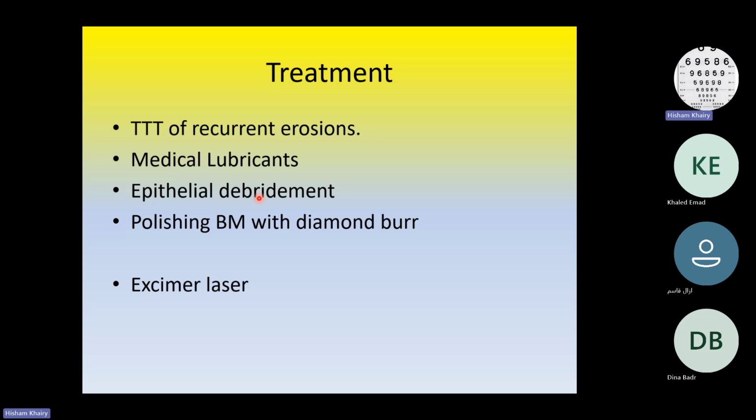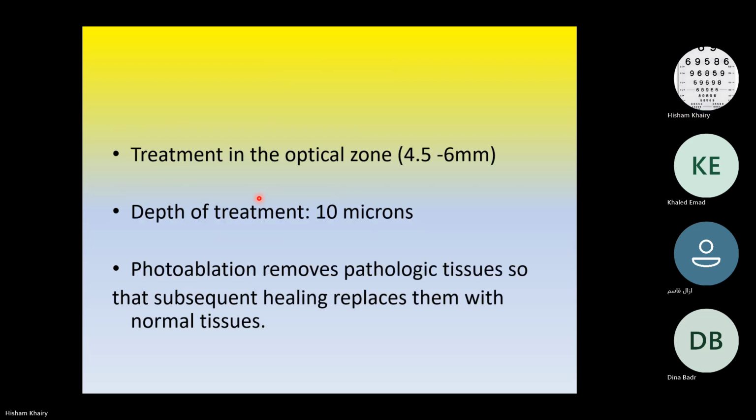The recurrent corneal erosions can be treated medically by lubricants, tear substitutes, or by epithelial debridement, polishing of the epithelium by means of photoablation. When we treat, we don't exceed 10 microns in depth, optical zone, and give a chance for the normal epithelium to heal again.